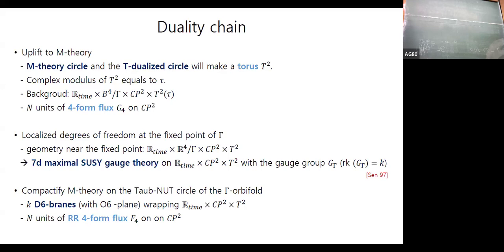Where did the D6 branes come from? Just say one example. You have a singularity here, let's say Z_K, and resolve the singularity by Taub-NUT, multi-center Taub-NUT monopoles, and you do the compactification on the Taub-NUT circle, which will give you the K D6 branes.